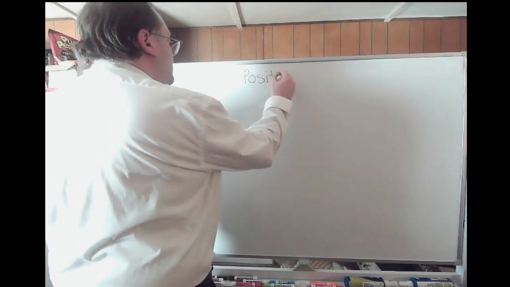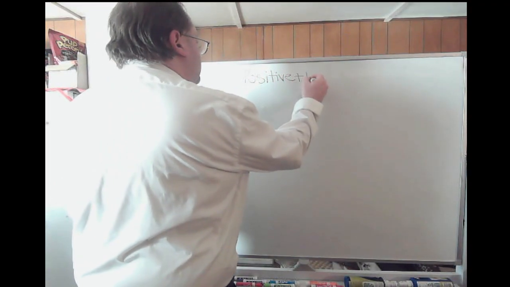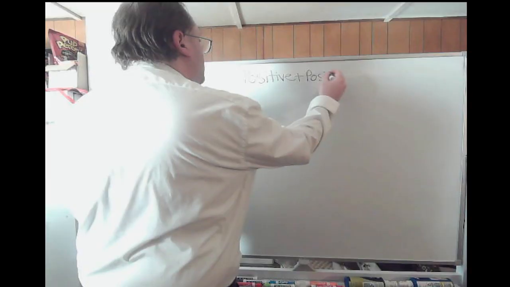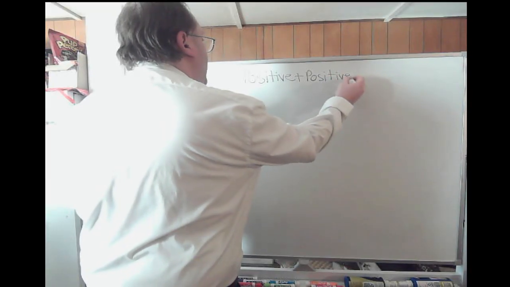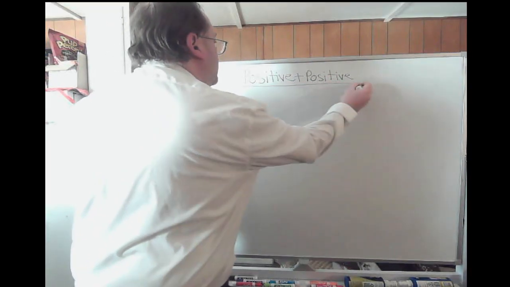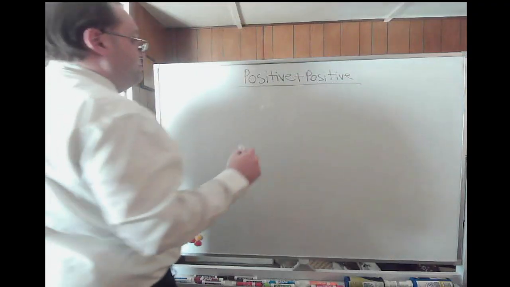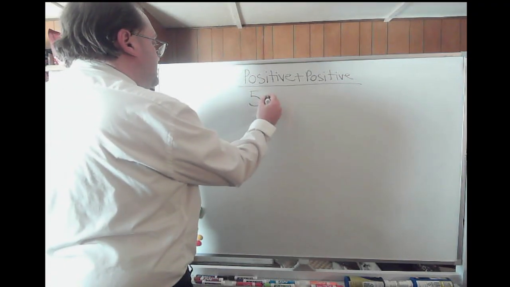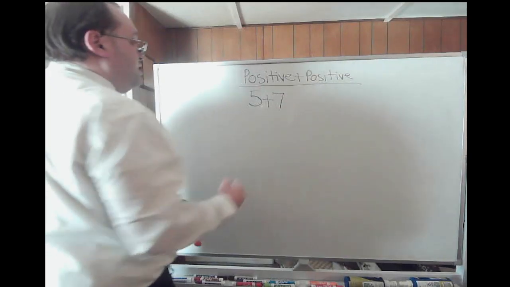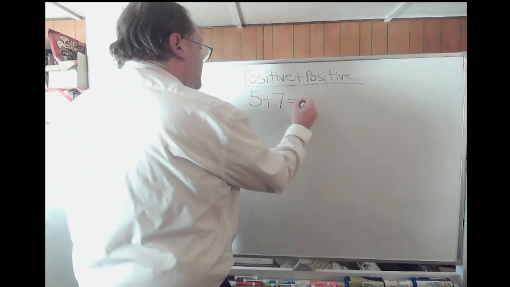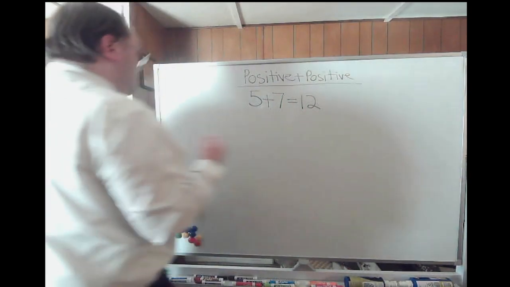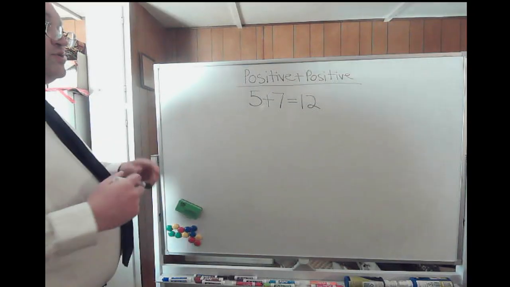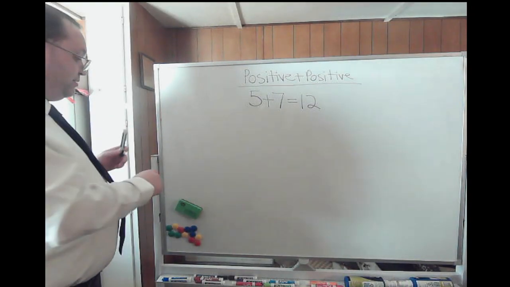Positive and positive. Since we are adding numbers, both numbers will be positive. Let's say we have 5 plus 7. We already know that it's 12. We know if we add two positive numbers, we're going to get a positive number.